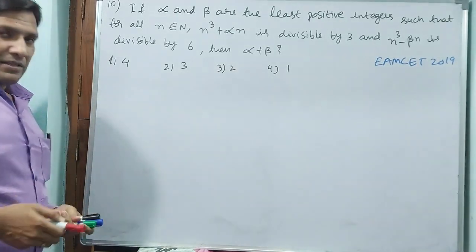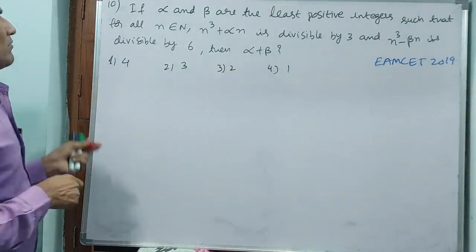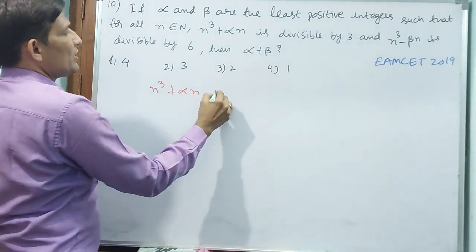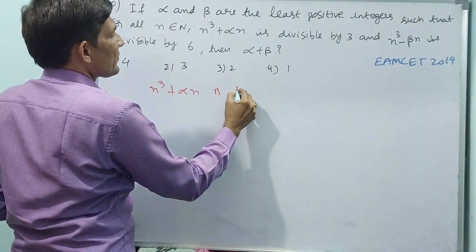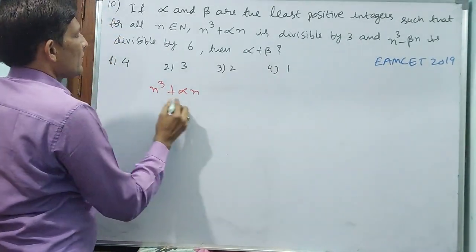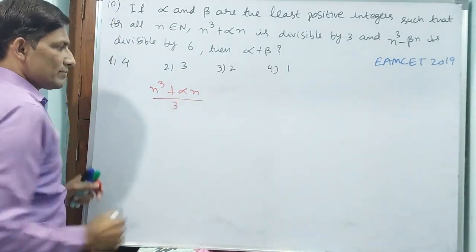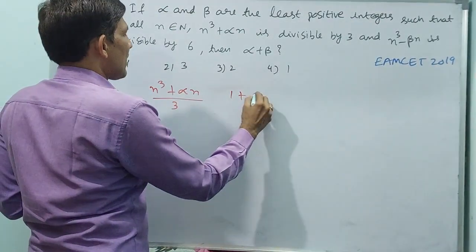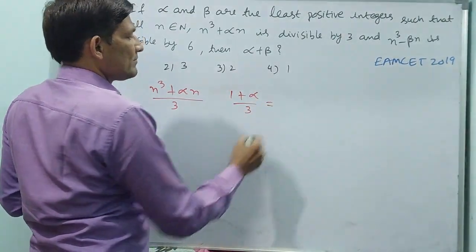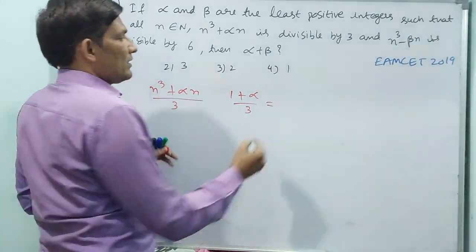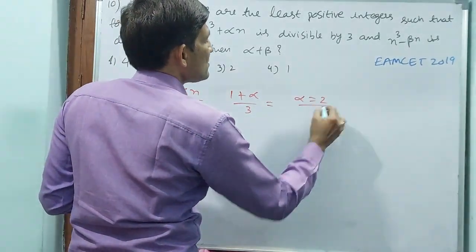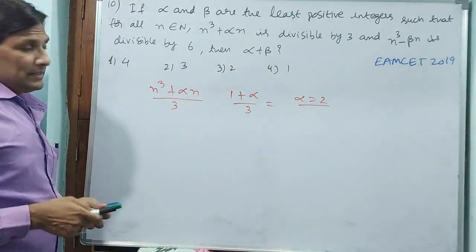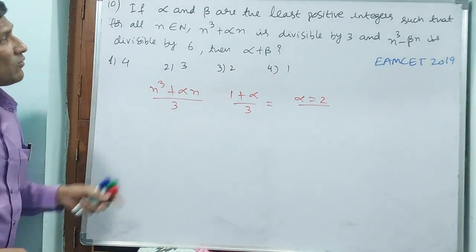Now n cube plus alpha n is divisible by 3. That means 1 plus alpha should be divisible by 3. Then alpha may be 2. Now go for the second one.